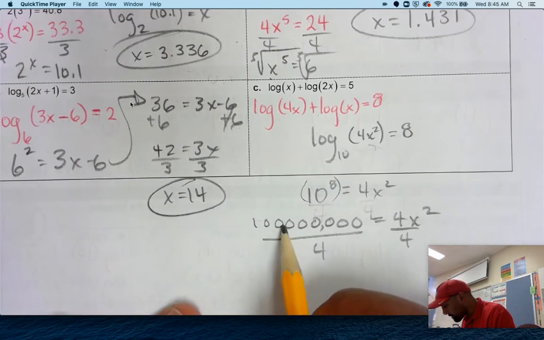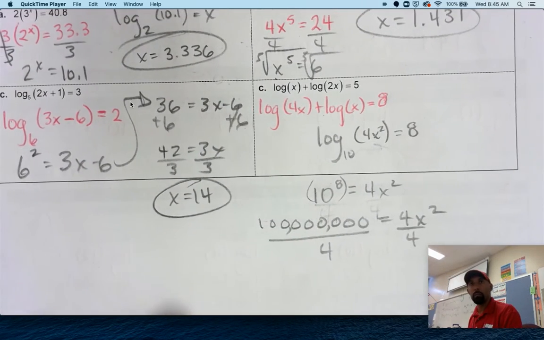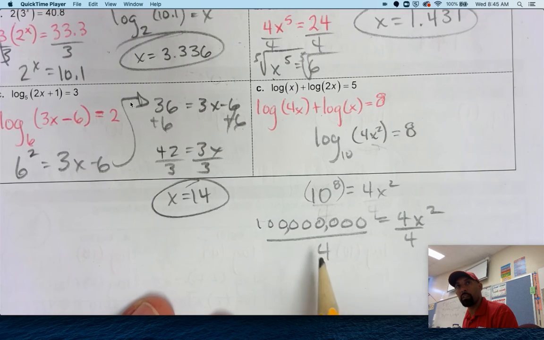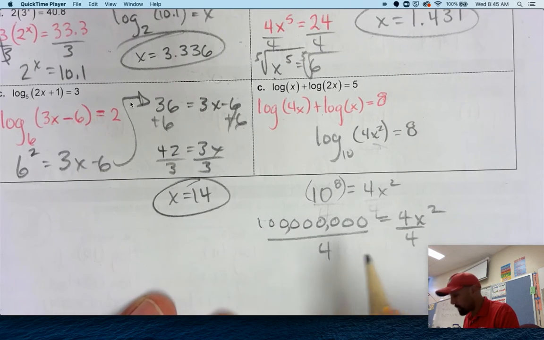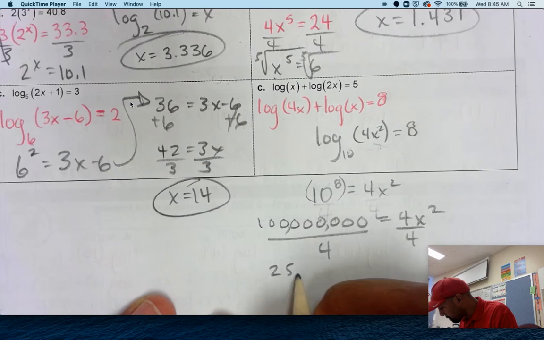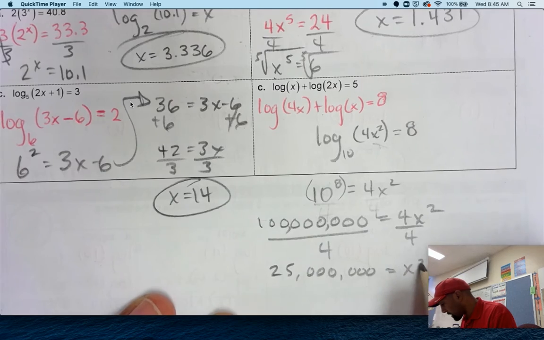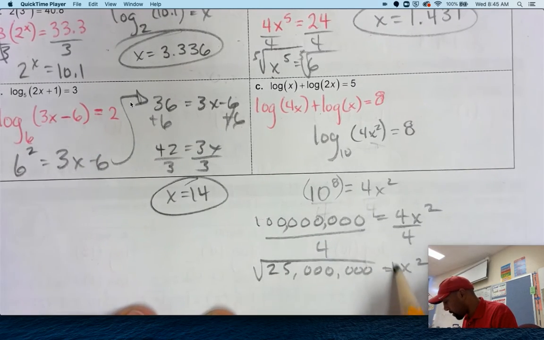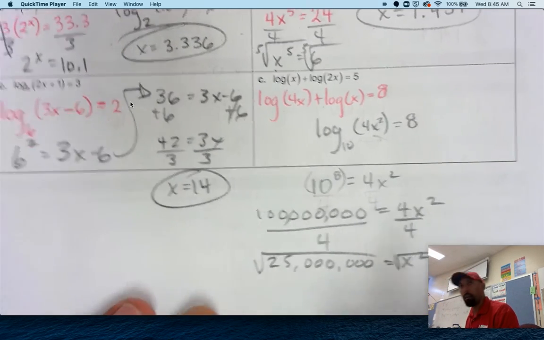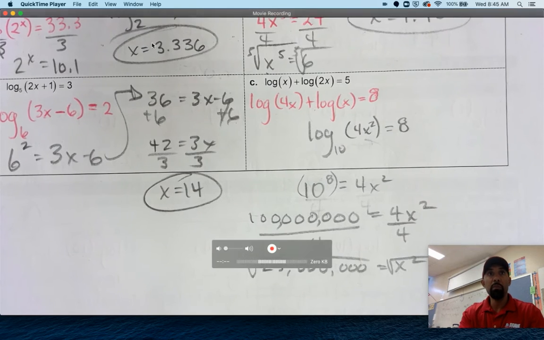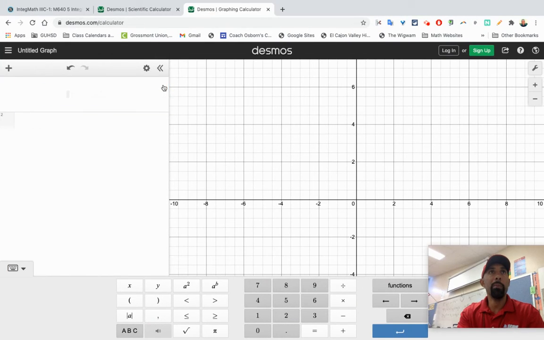What is this? 100 million? Ooh. Okay, so 100 million divided by 4, that's going to be 25 million. Okay, so equals x squared. And now I'm going to take the square root, because that's a square, of 25 million. So big.